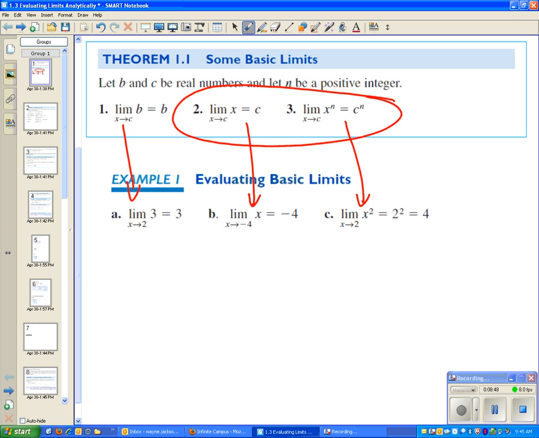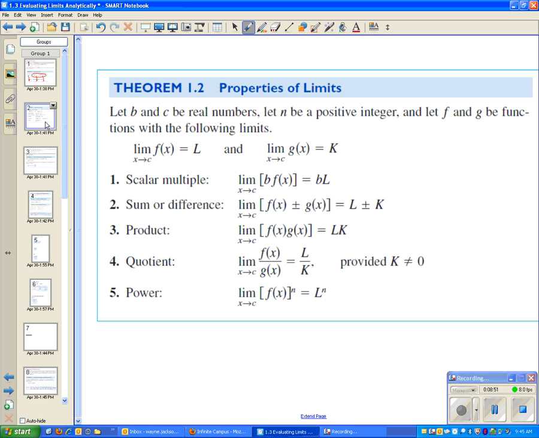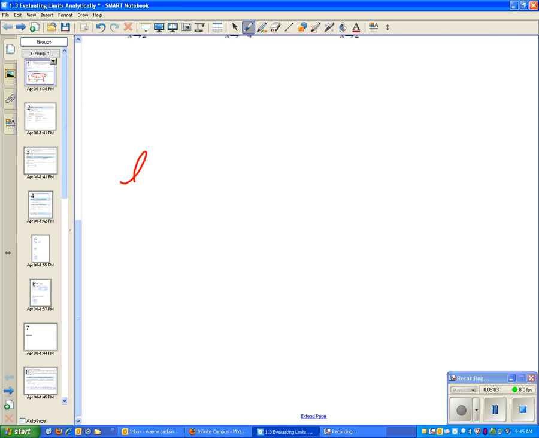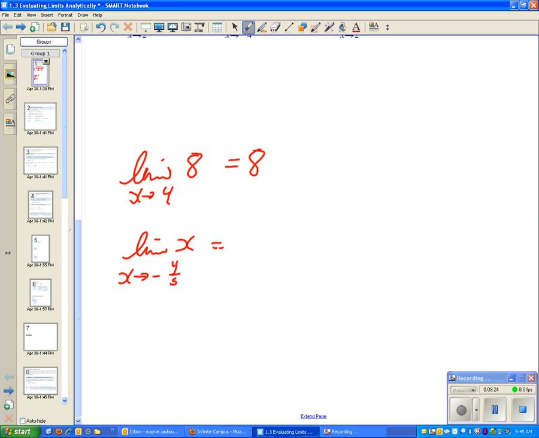All right. Let's see. Before I move to this, if I want the limit of 8 as x approaches 4, what do I get? 8. If I want the limit of x as x approaches negative 4/5, what's it equal?